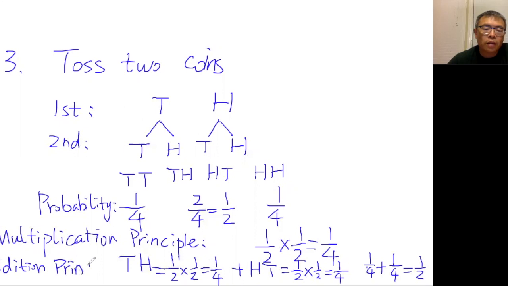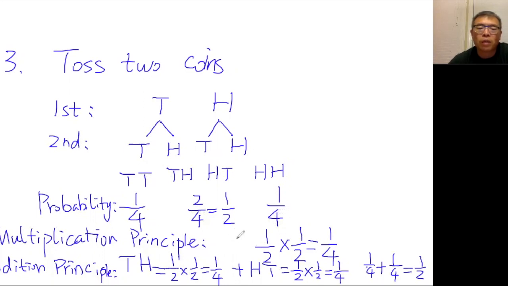It says that if you have an event that is the result of multiple events happening together, then the probability of the final event is simply the probability of those events multiplied together. You have to have each one of these events happen so that the final event can happen. Like in this case, you have to have a tail in the first toss and a tail in the second. So the probability of the first times the probability of the second gives you 1/4.